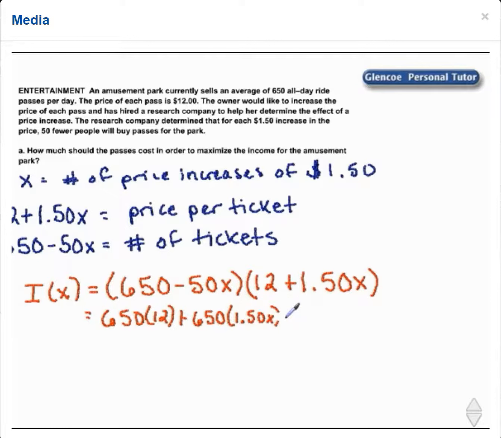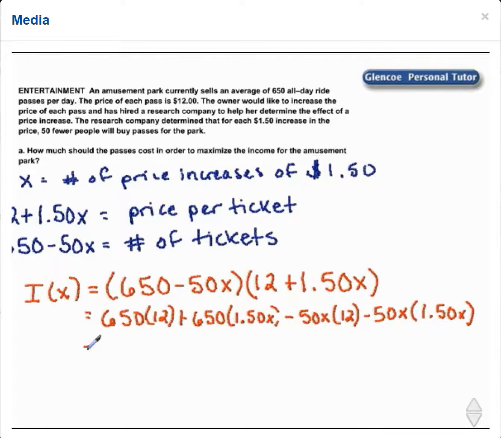So minus 50x times 12, minus 50x times 1.50x.